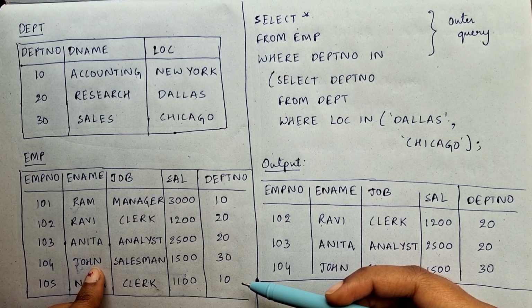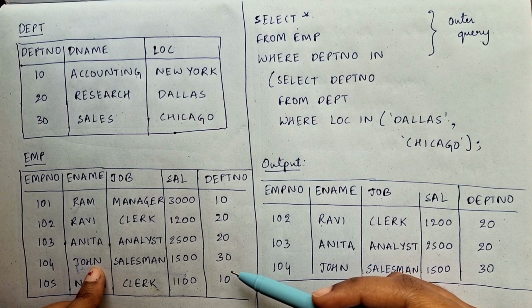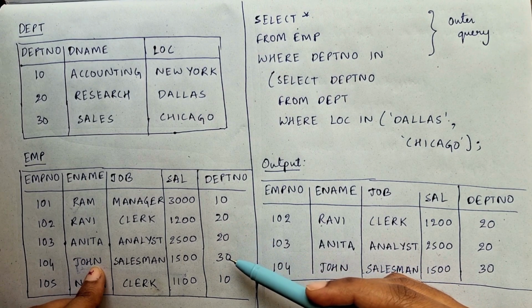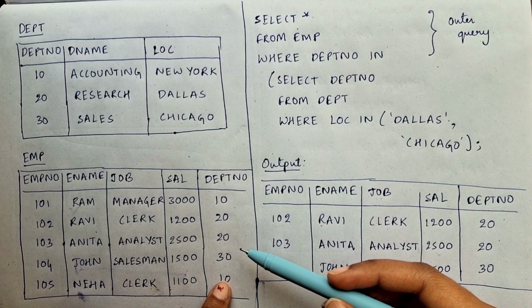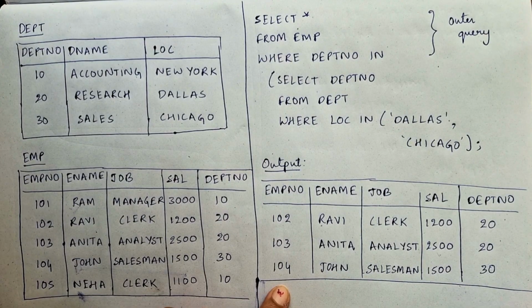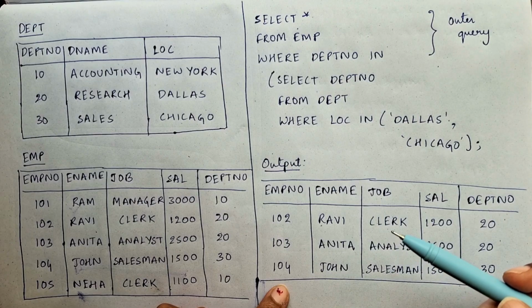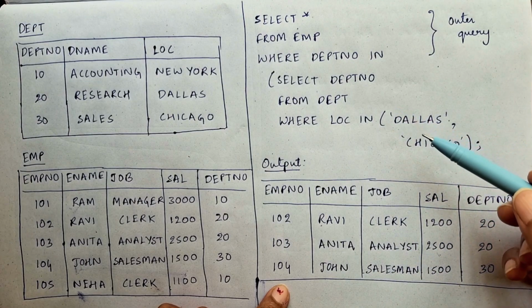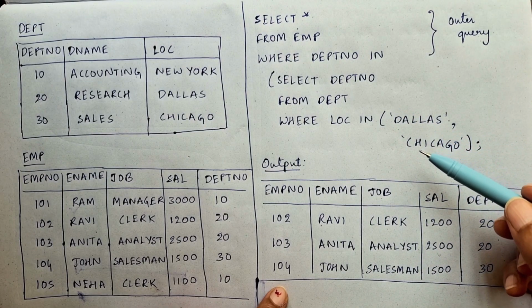And if the employee's department number matches either 20 or 30, that employee's details will be selected and shown in the result. So in simple words, the subquery finds the department numbers based on the location, and the outer query finds the employee details who belong to those departments.